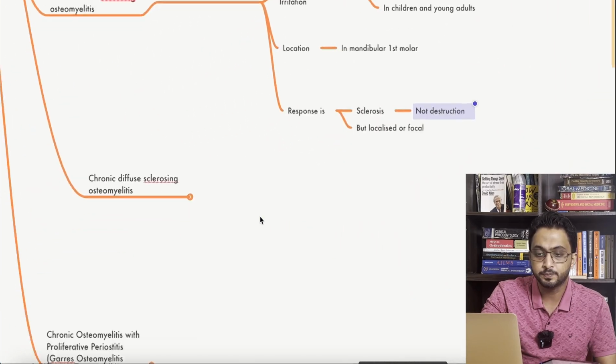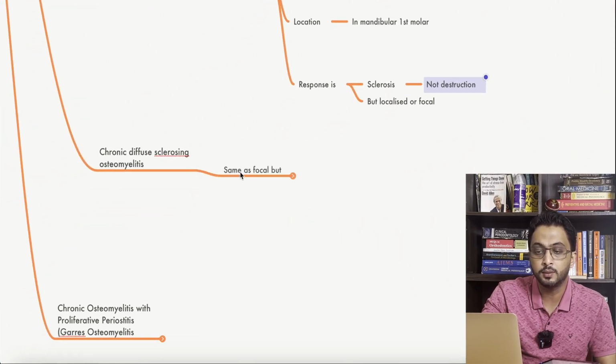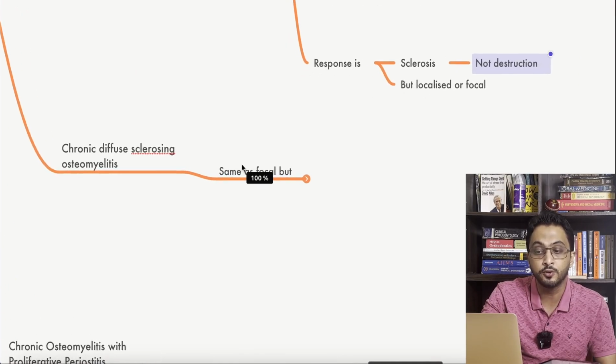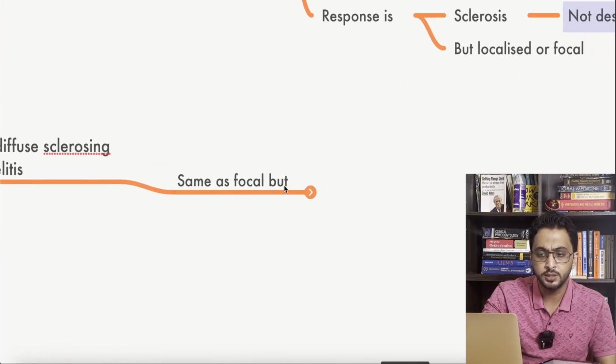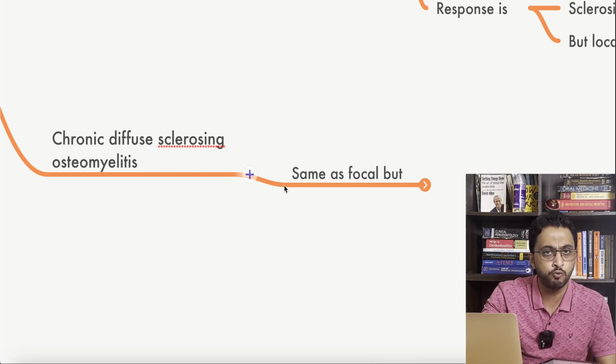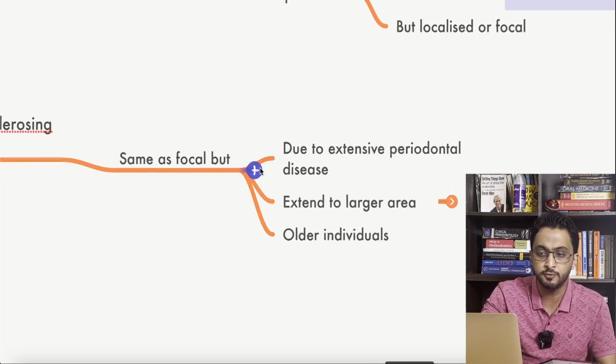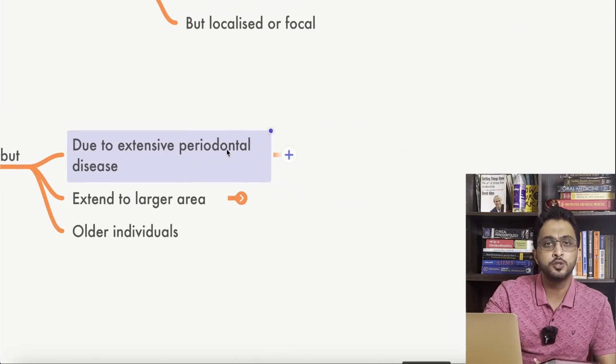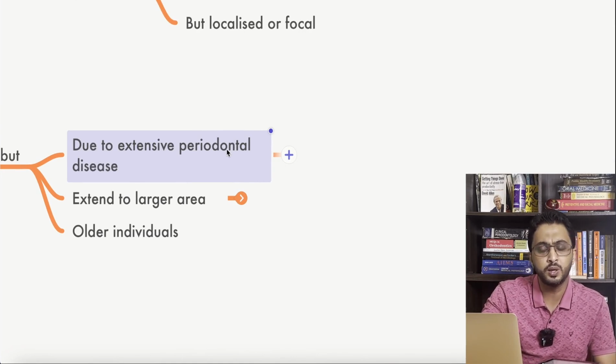Now, so that is about the chronic diffuse sclerosing. I'll come to the radiographic appearance. So diffuse sclerosing is same as focal, but what is the key difference? Basically, I've explained this in the previous lecture, it's due to extensive periodontal disease, not caries. That's one difference.